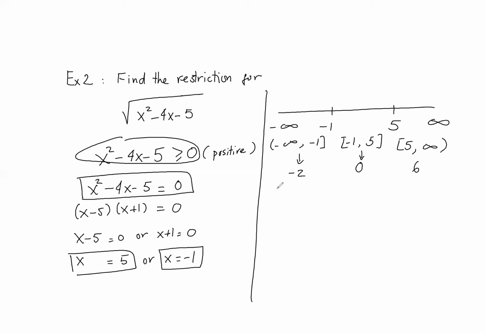Now suppose we have the function x squared minus 4x minus 5, and we plug in these values. See, this is -5. In order to find these values, I'm going to plug them into the calculator.